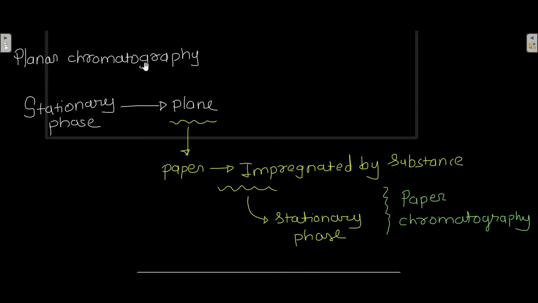In planar chromatography, the stationary phase is present on a plane. This plane can be a paper impregnated by a substance, which serves as the stationary phase in paper chromatography, a type of planar chromatography.